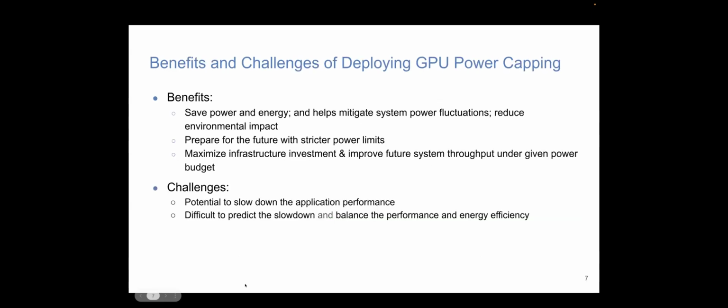So the benefits and the challenges of deploying GPU power capping are listed here. The most obvious benefit is it can save power and energy. And also, we will see later, it can help mitigate system power fluctuations.